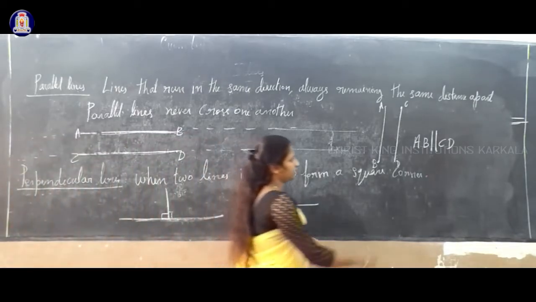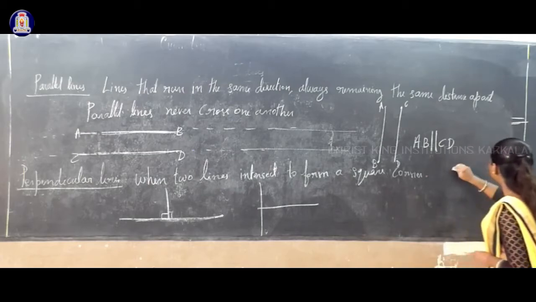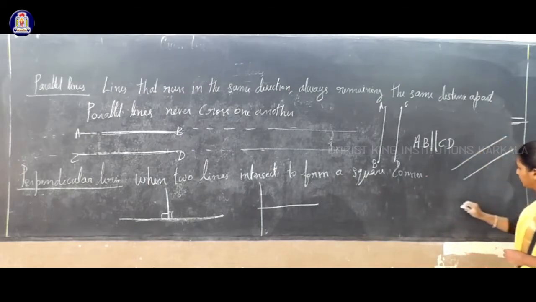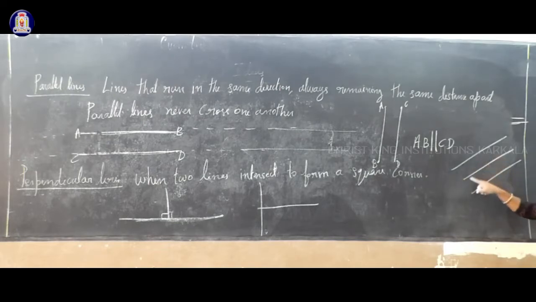Or we can draw like this also. These are also parallel lines. And if you want, you can draw one more third line: AB, CD, EF. These lines are parallel. This is A, this is B, this point is C, this point is D, this is E, and this point is F. My question is, is AB parallel to CD?